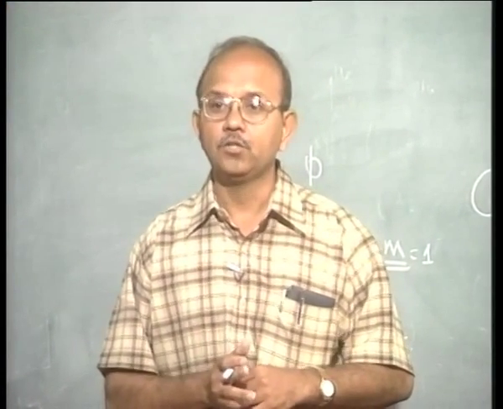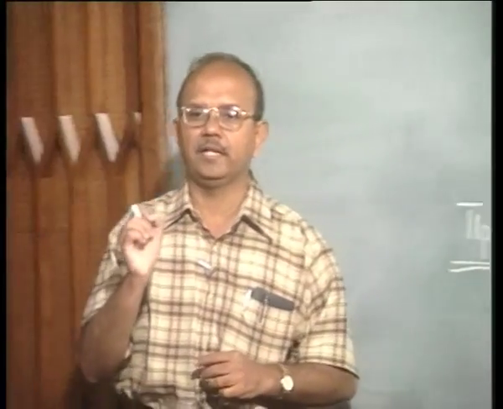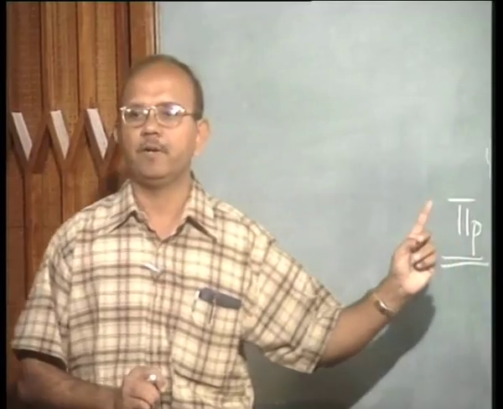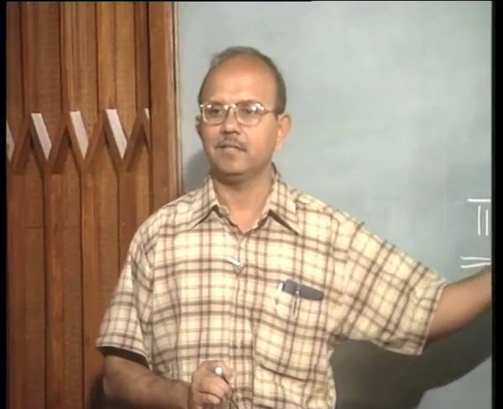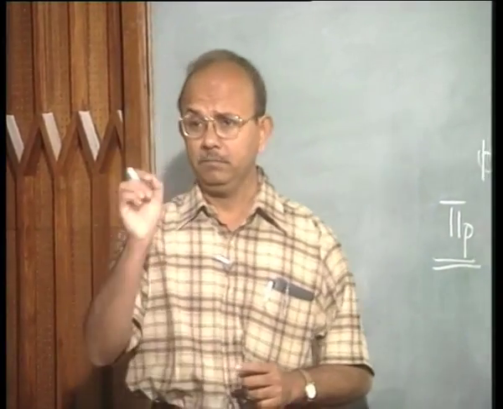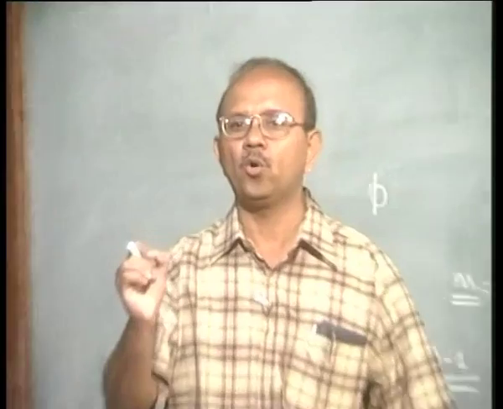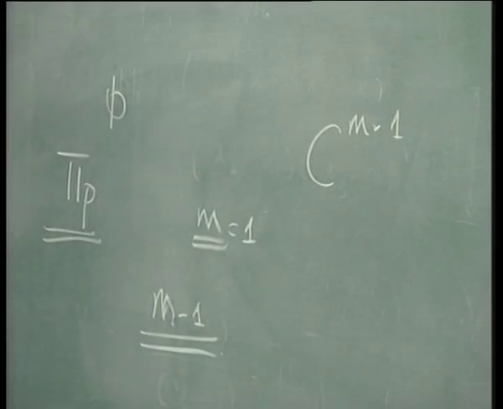Is that clear? So you are theoretically correct to use this element as long as my phi p has the order up to m. So what is it that we are using? We are using C0 continuity elements.